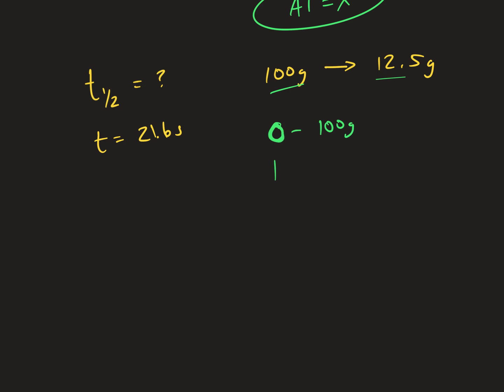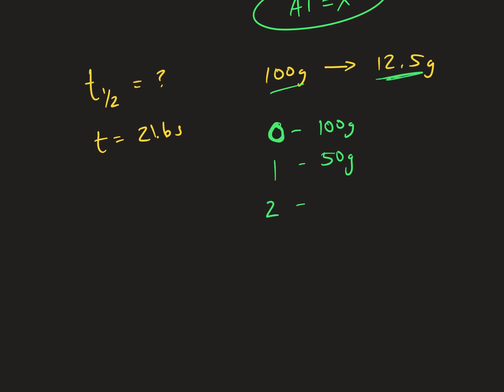One half-life later, how much do we have? 50. One half-life is the time it takes for half of the sample to decay. So half of 100 is 50, so we just divide it by 2. You following? Well, we're not there yet, so we keep going.